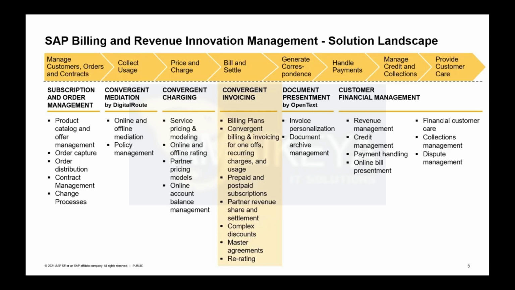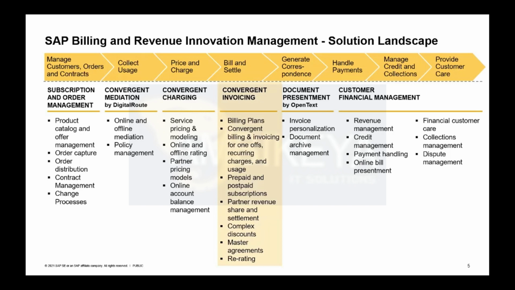Now I give you an overview of the process steps, because otherwise it's quite easy to jump into convergent invoicing, and as you see on the presentation slide, it's absolutely in the middle of the process. So we first have a view of the starting point. The starting point is management of customers and placed orders.